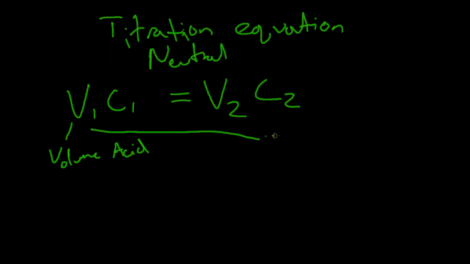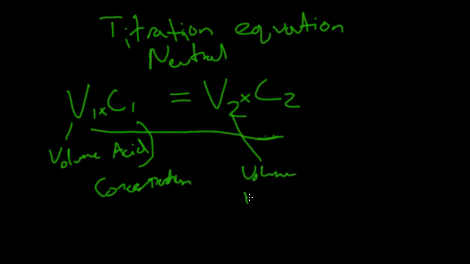So if it's perfectly neutralized, this is when this equation is relevant. So the volume of the acid, say, multiplied by the concentration of the acid, is going to be equal to the volume of the base multiplied by the concentration of the base.